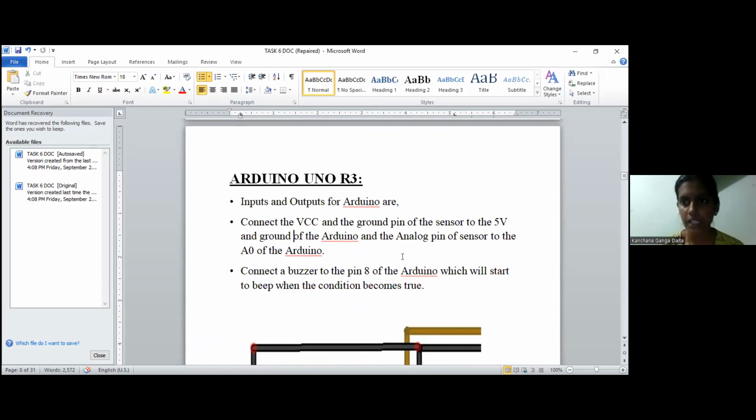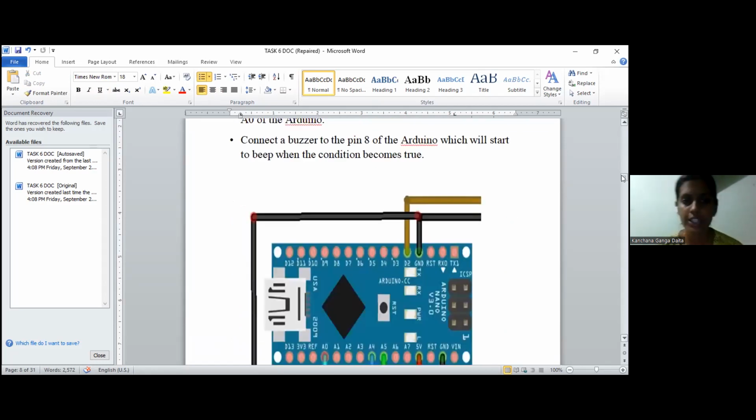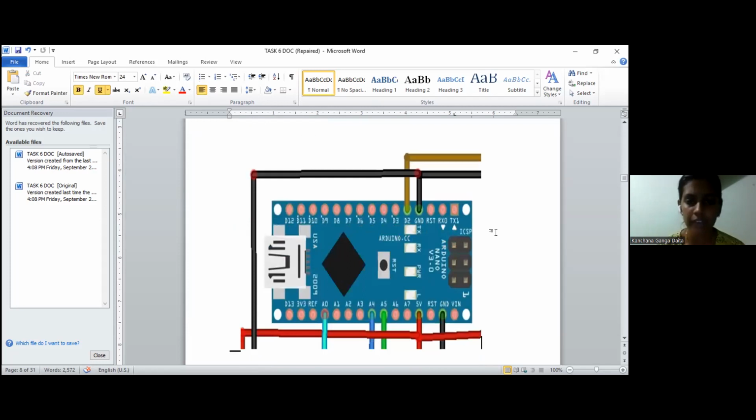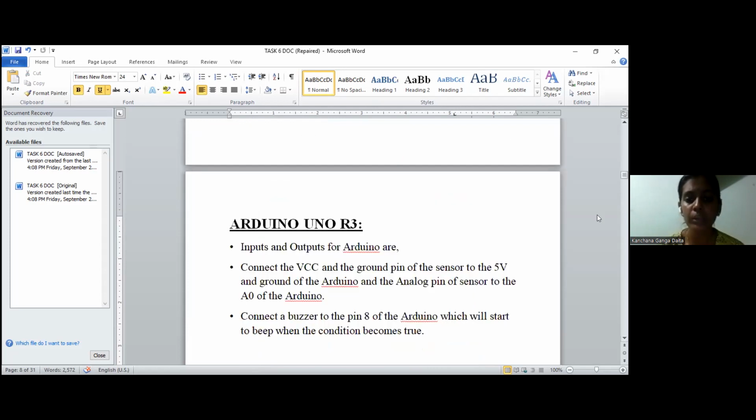So this is Arduino UNO R3. We can use any microcontroller like 8051 or something else, but Arduino UNO R3 is standardly used and is the most popular controller, so we have used it. It also has one advantage: at pin A0, it has a buzzer. So we can provide operations.